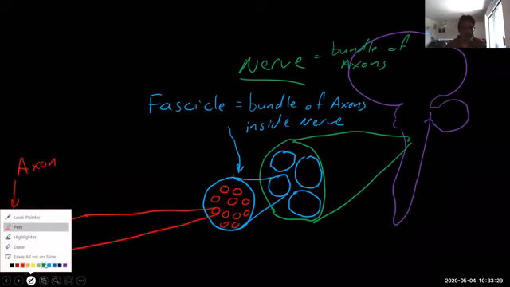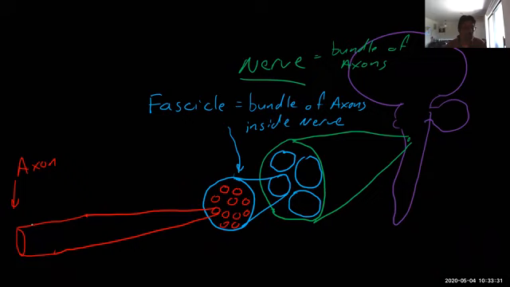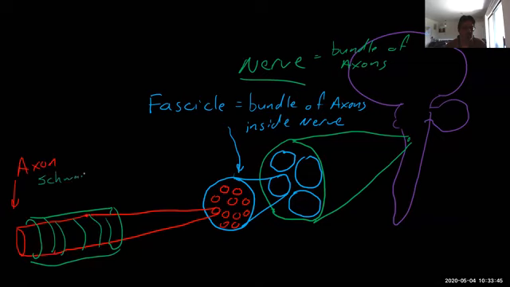And if they're myelinated, then you would see these Schwann cells around them. So let me just put a couple Schwann cells here around the axon. There's a Schwann cell. And here's another one. Just like so. And of course, in between the Schwann cells, you would have that node of Ranvier.